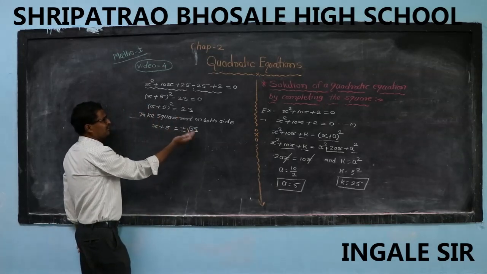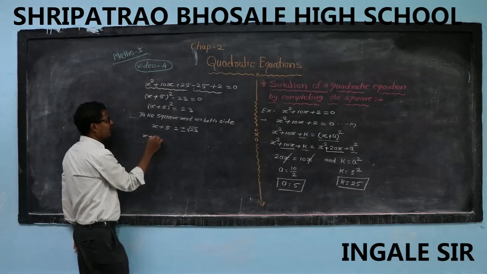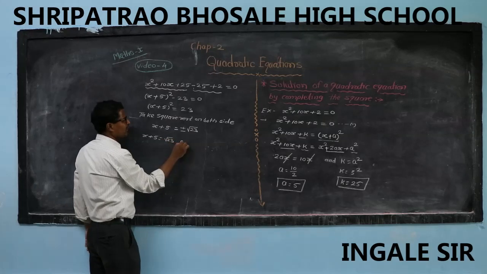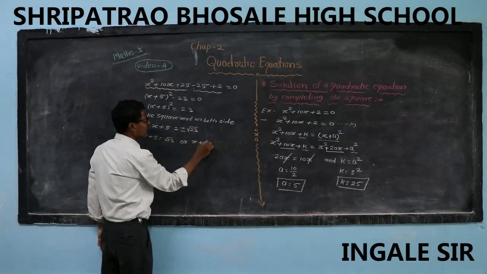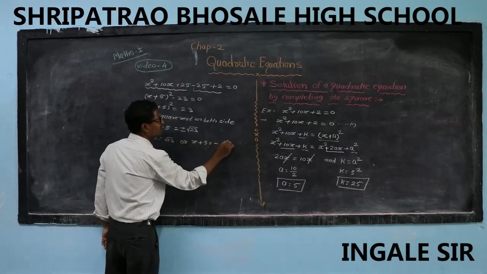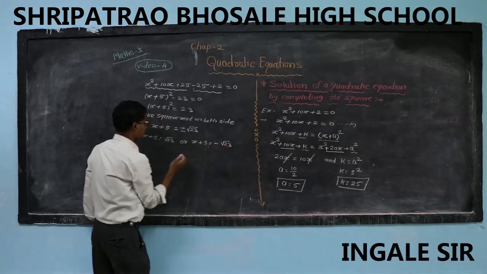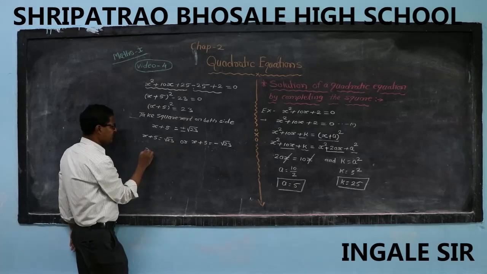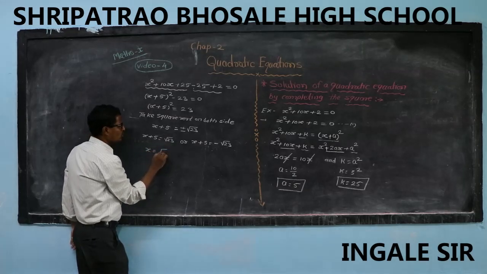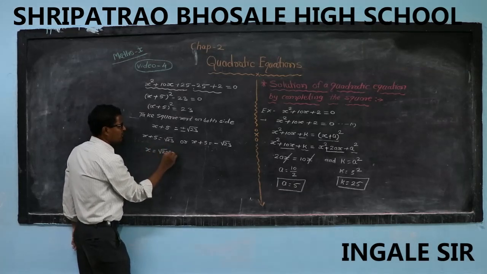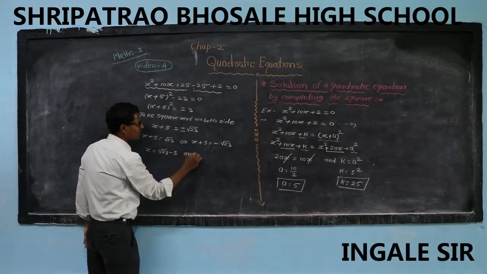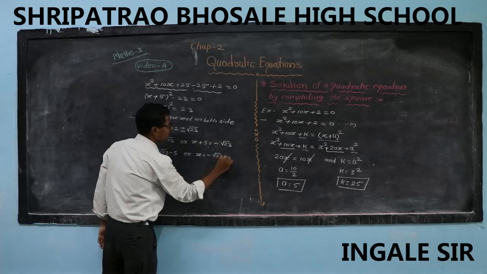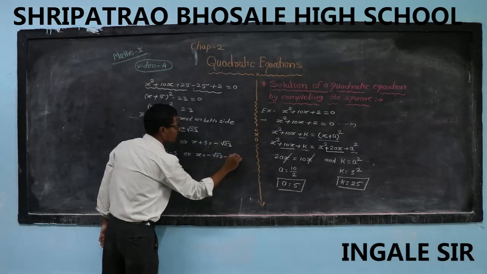Then separate: x + 5 = +√23 or x + 5 = −√23. Now take 5 to the right-hand side: x = √23 − 5 or x = −√23 − 5.